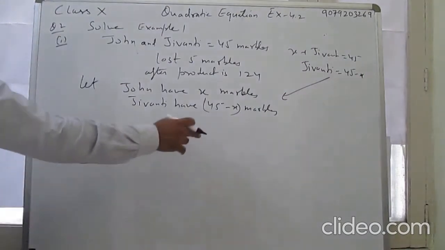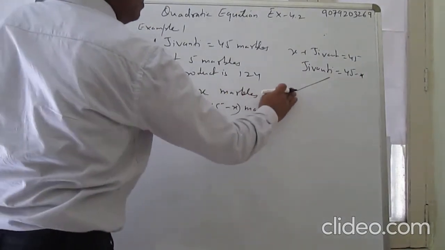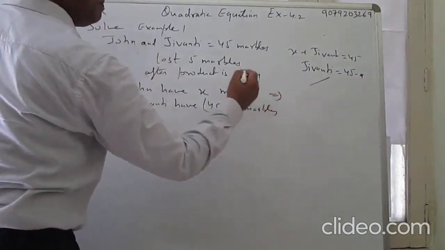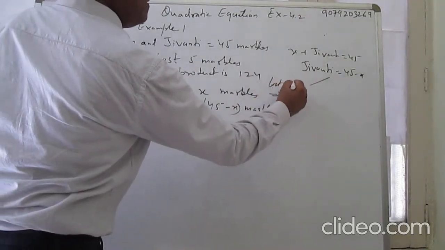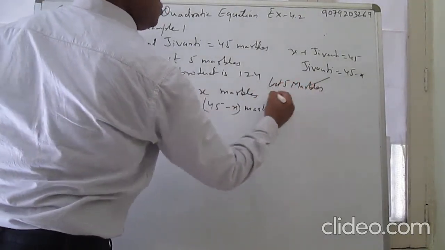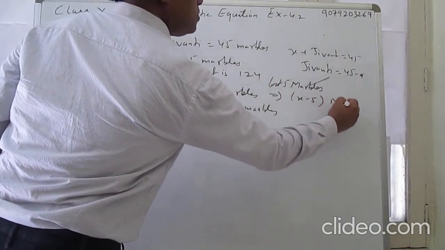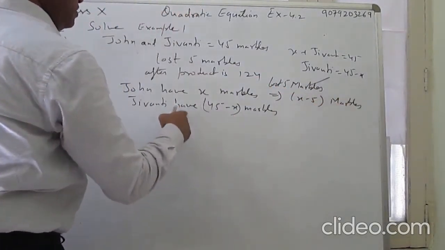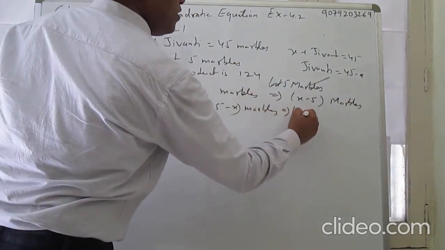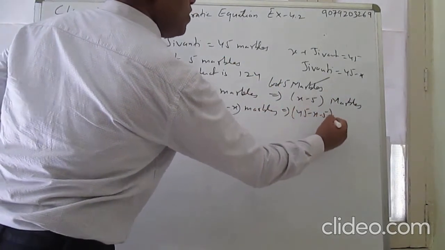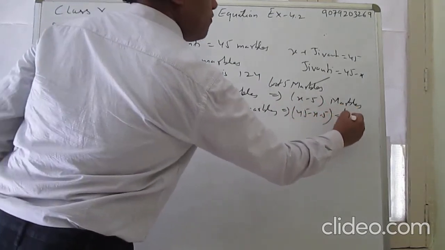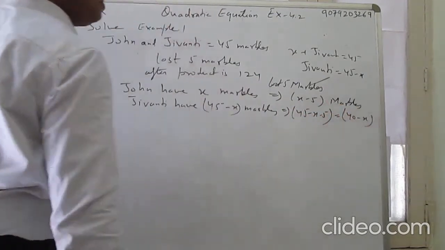Now both lost 5 marbles. So John now has x minus 5 marbles, and Javanti has 45 minus x minus 5, which is 40 minus x marbles.